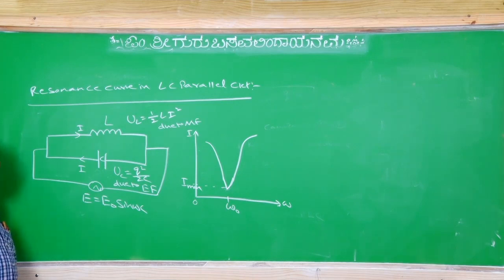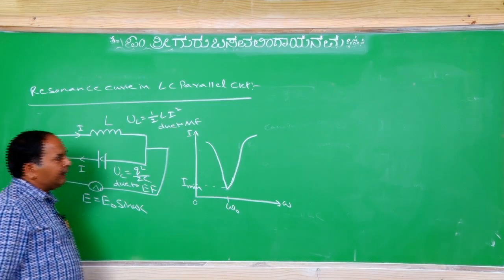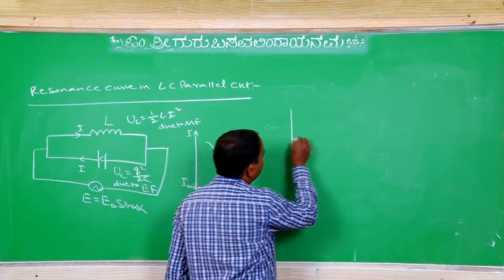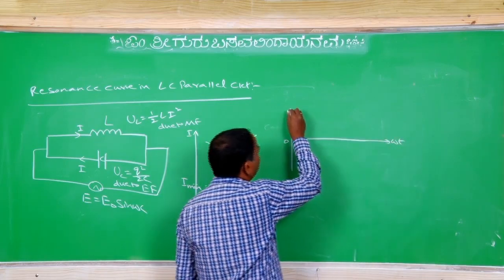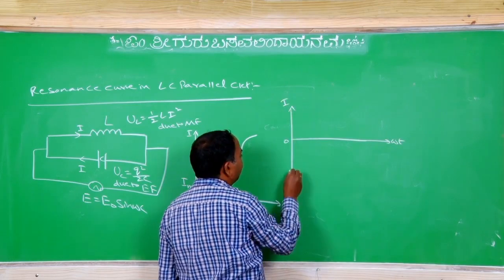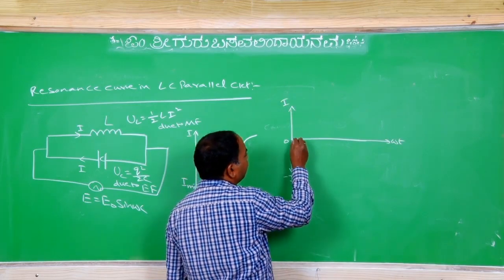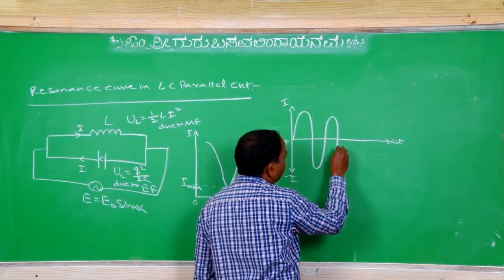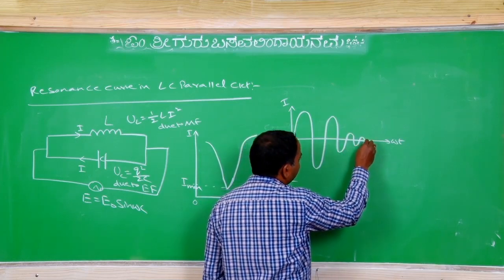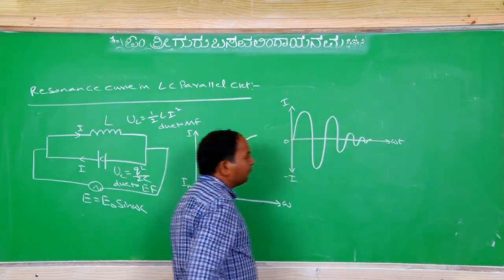The next one, if you draw the curve between the angular displacement and the current in the case of resonance, if this is considered the origin, this is the angular displacement omega t, and this is the current, then here the current is like this. Initially, the current will be maximum. Afterwards, the current gradually decreases, and finally, the current will become 0.